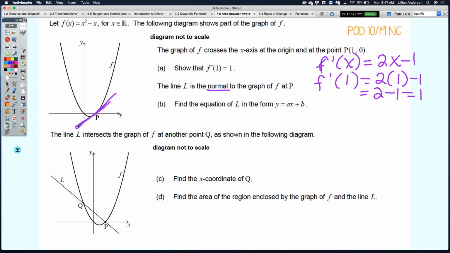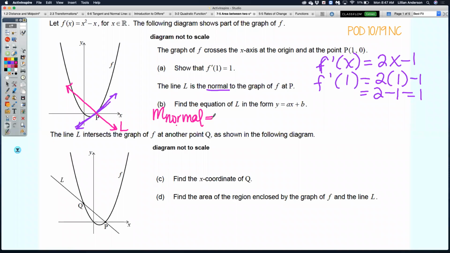But it says that the line L is normal to the graph of f at P. And normal is the opposite reciprocal of the tangent, okay? So that means the gradient of the normal is going to be equal to what?